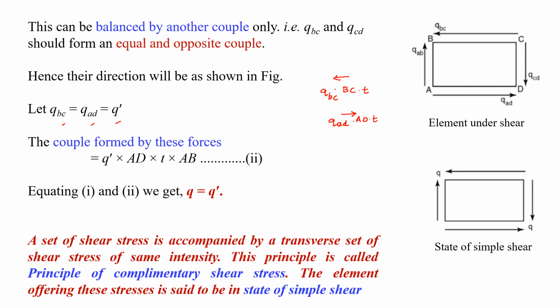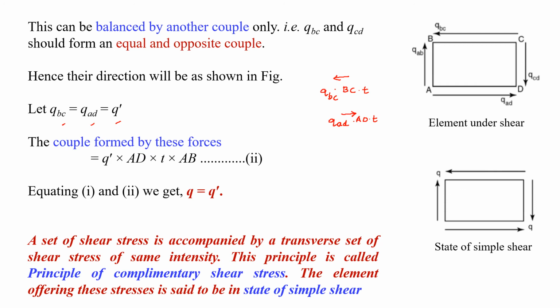Now we have two equal and opposite forces on the faces BC as well as AD. This will give rise to a couple, and the magnitude of this couple is given by force multiplied with the perpendicular distance. The perpendicular distance between these two horizontal forces is AB.